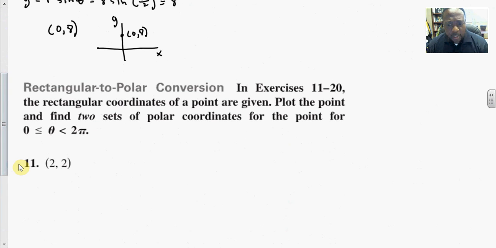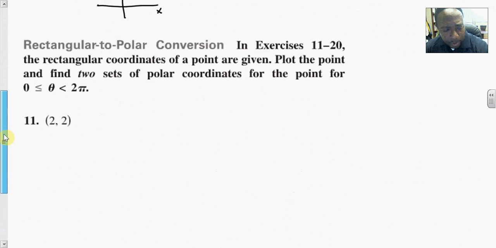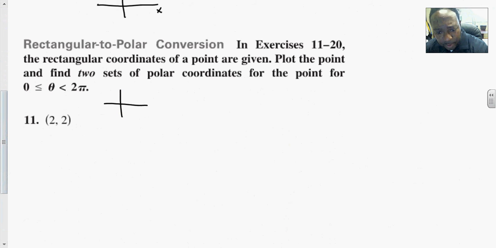In these exercises, the rectangular coordinates of a point are given. Plot the point and then find 2 sets of polar coordinates for the point on the interval from 0 to 2 pi. So x equal 2, y equal 2, we're there. Now, x is equal to 2 and y is equal to 2.